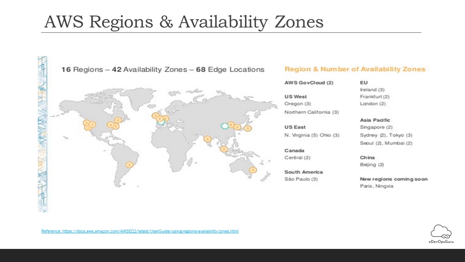So if we see, AWS has two regions specifically reserved for the AWS government applications. Similarly, AWS has the Oregon region, which has three availability zones. In North California, there is one region which again has three availability zones.